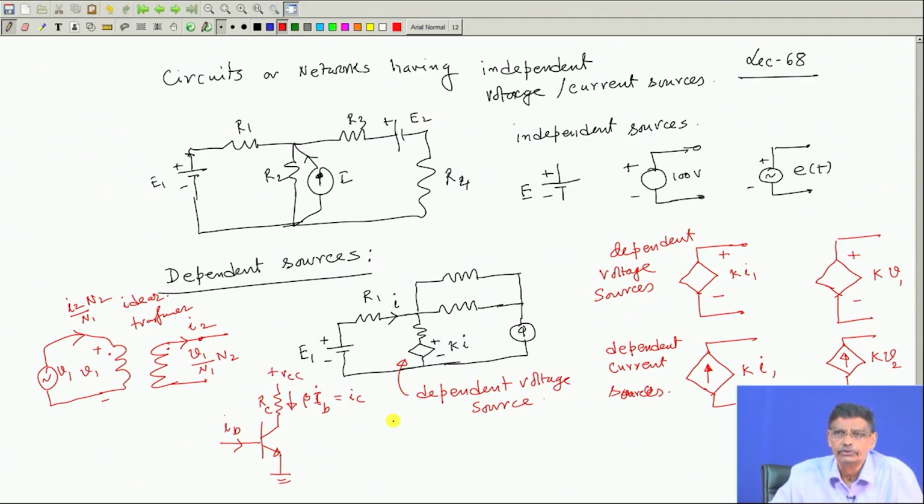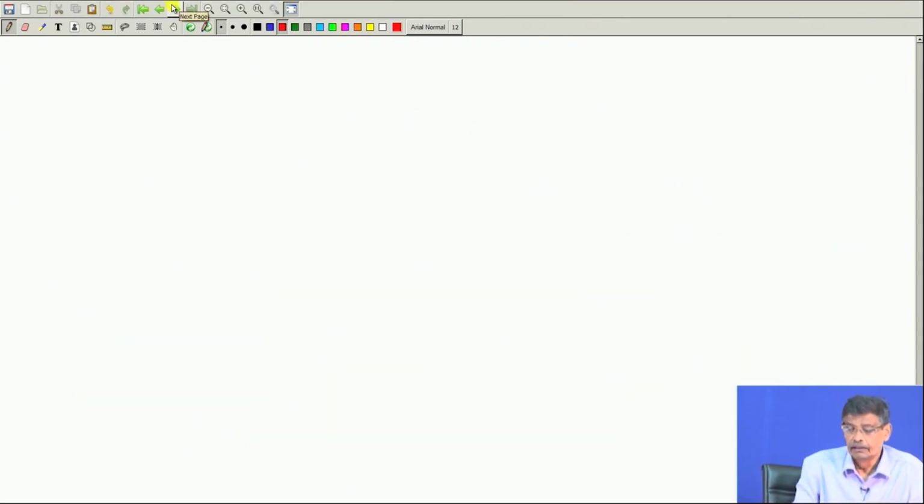In the same way we will write down KVL, KCL or whatever method, maybe Thevenin's theorem or the nodal method, to find out currents in various branches. So, I will explain this whole thing by considering a network problem where both dependent and independent sources are present, and we would like to find out the currents in the circuit.